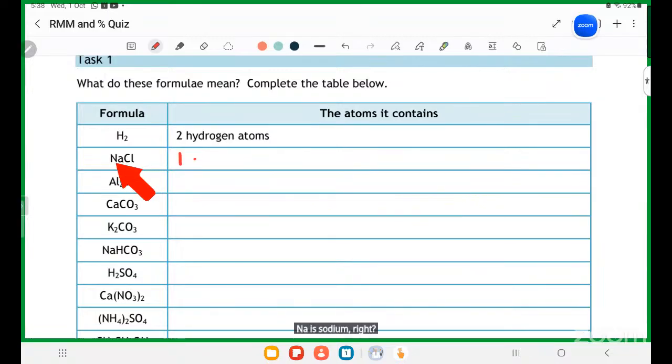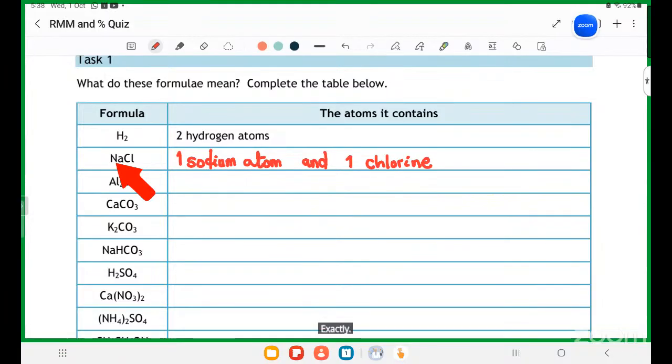So you say 1 sodium atom and 1 chlorine atom. Is that clear? Yes, sir.